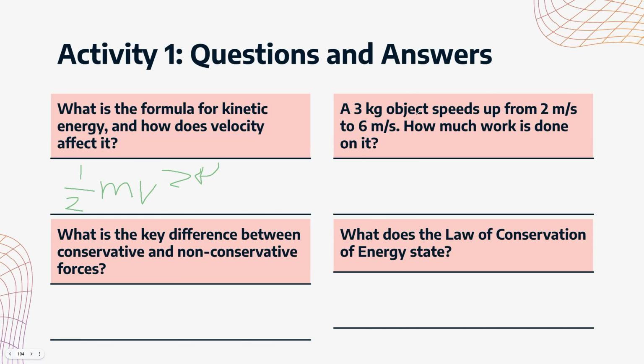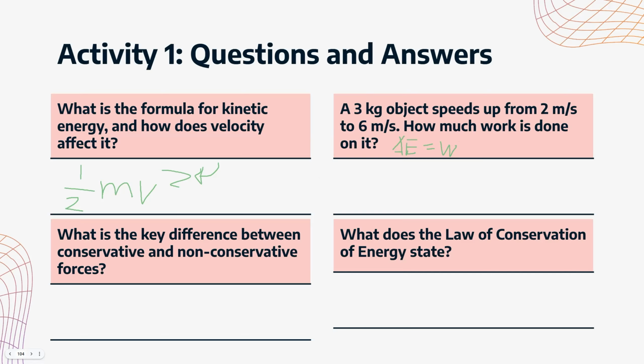A 3 kilogram object speeds up from 2 meters per second to 6 meters per second. How much work is done on it? Work is just change in energy, right? Change in energy is equal to work. This object starts with some amount of kinetic energy and speeds up to 6 meters per second, which gives it a new kinetic energy value.